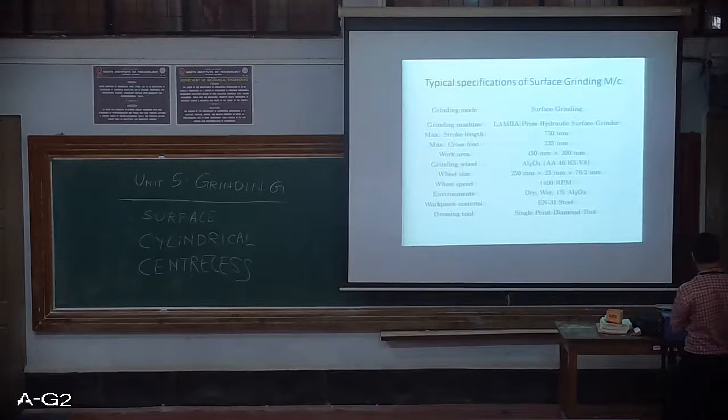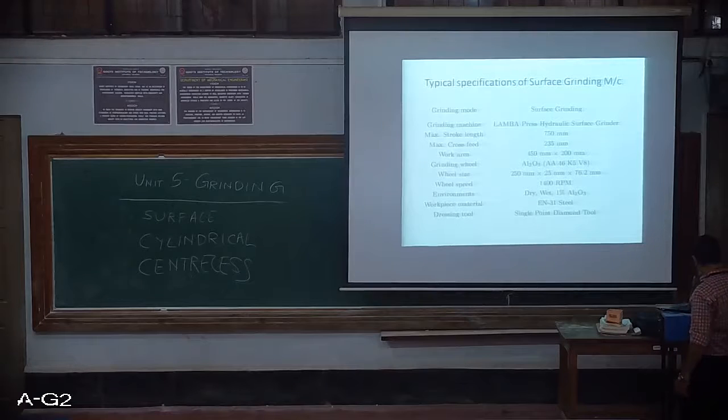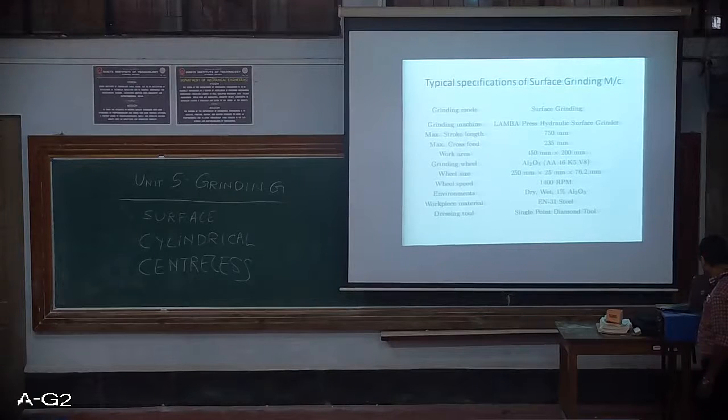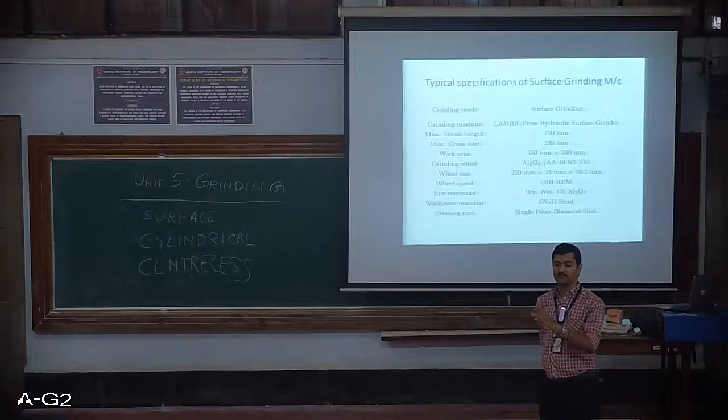Dry and wet, what do you mean by that? You can have a grinding wheel with a wet surface or a dry surface. So you can supply the cutting fluid or work without the cutting fluid.